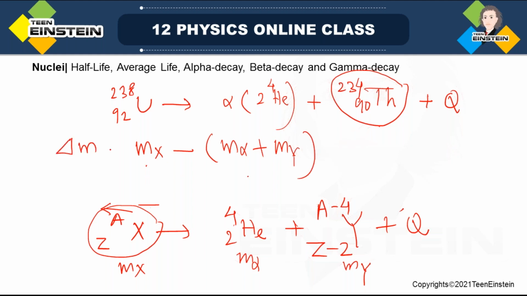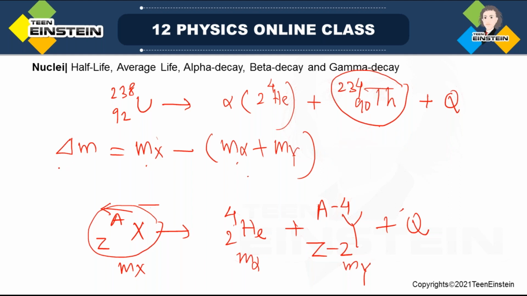If you sum the mass of the alpha particle and the daughter nucleus, that total mass will actually be less than the mass of the parent nucleus.